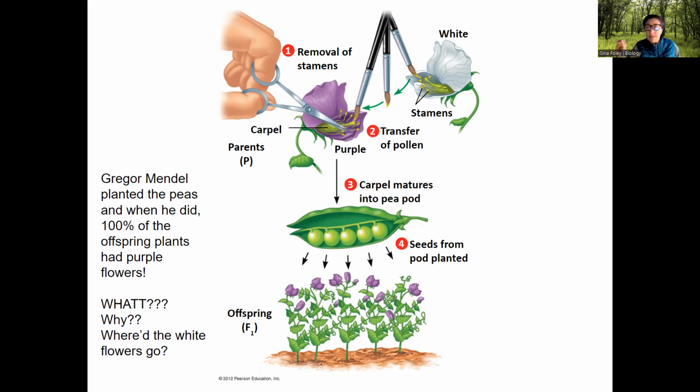It's being read by the cell and it's saying, let's make purple colored pigment. The flowers that inherit the white don't have the gene that says let's make purple. They don't have any copy. It didn't come in the egg and it didn't come in the pollen. They don't have any copy of that information on how to make purple. So they just make white. So they make the lack of color, which is white, right?